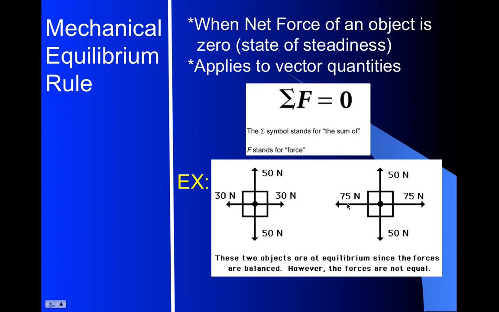Over here, 75 minus 75 is 0, 50 minus 50 is 0. Both of these objects are at rest. They are at equilibrium, even though the forces are different on each object. So just know that the forces can be different and equilibrium can be met in different situations.